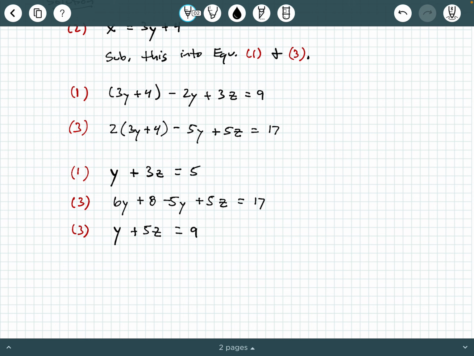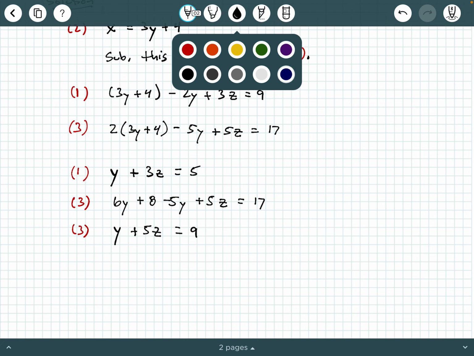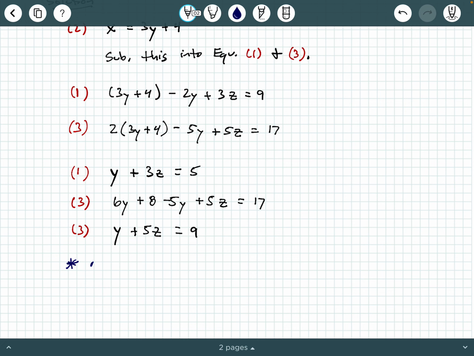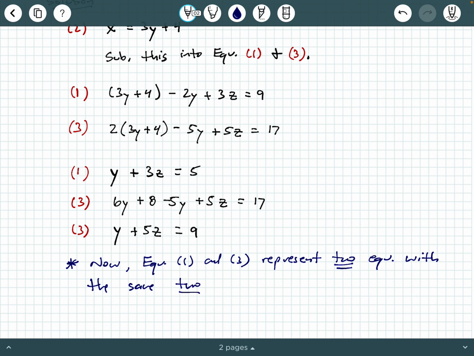So what do we have now? If you look carefully, I'm going to make a note here. I'm going to put a little star here. Now, equations 1 and 3 represent 2 equations with the same 2 variables.